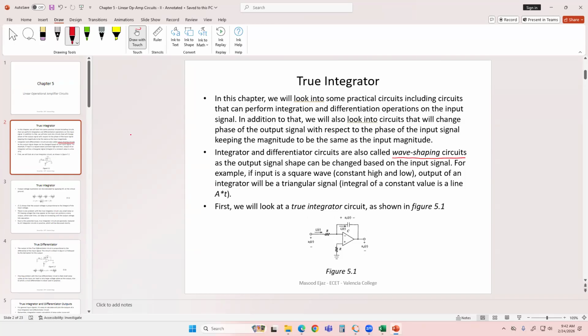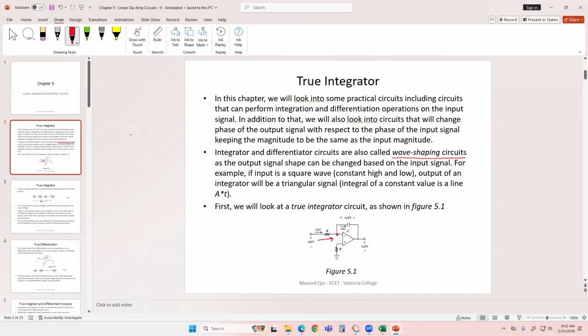Now, in this true integrator circuit, you have the input, you have the resistor, and in the feedback loop, instead of a feedback resistor, we have a feedback capacitor, as you can see. Now, you do the same thing as when you're doing the derivation.